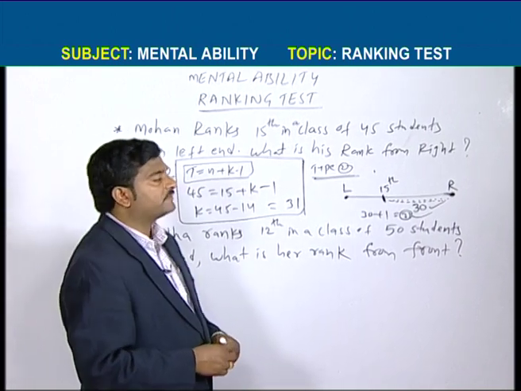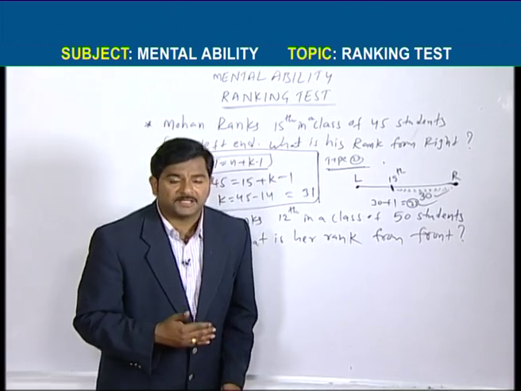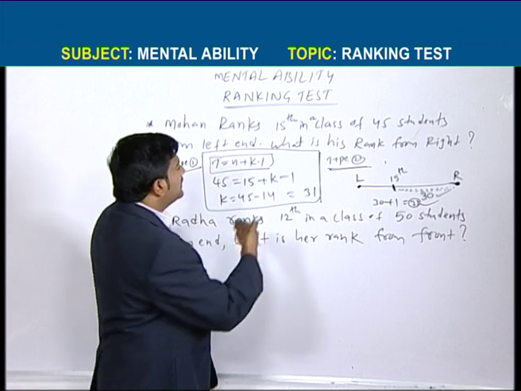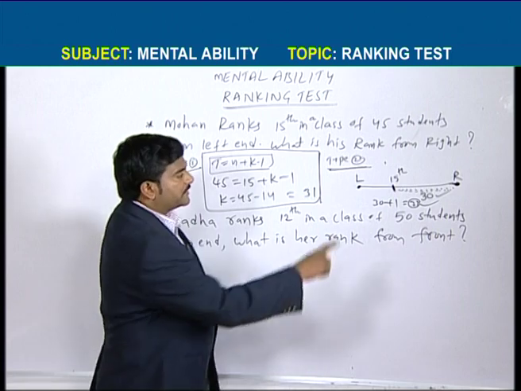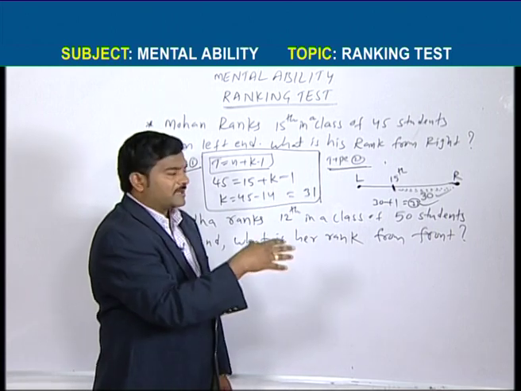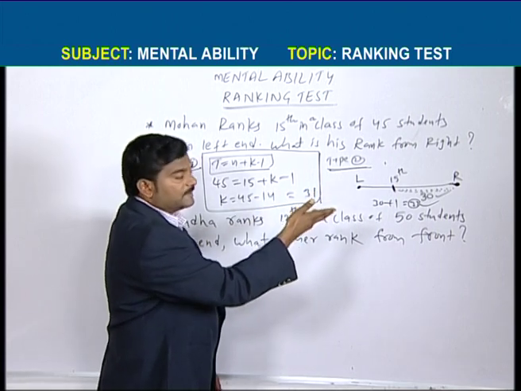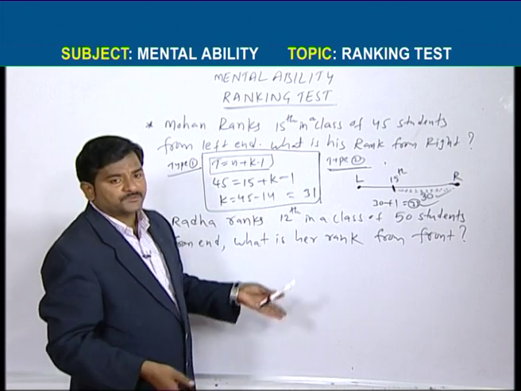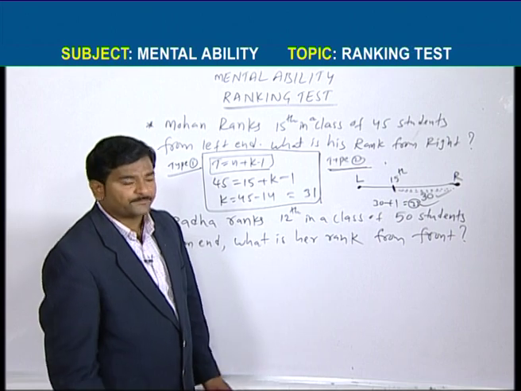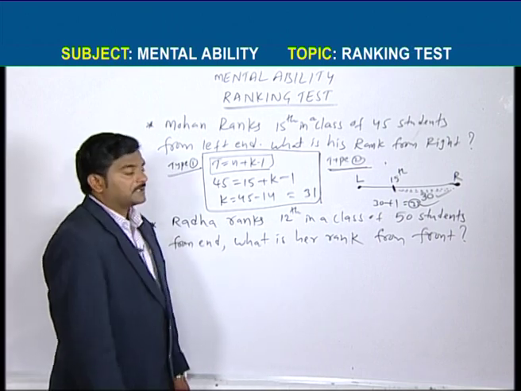So without using the formula, in general also we can say it, or else by using the formula T is equal to n plus k minus 1 also you can solve. I hope you understood that. Sometimes of course you can do it in general, but sometimes you may get confused. That's why simply substituting the n value you will get the k value, no issue. Or else by using that method also.